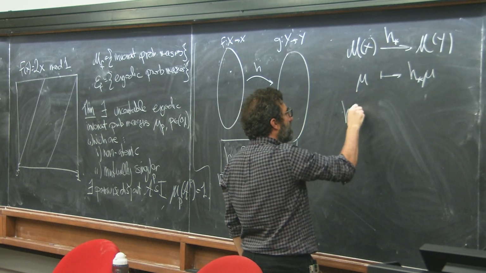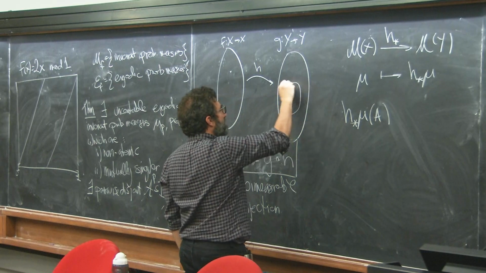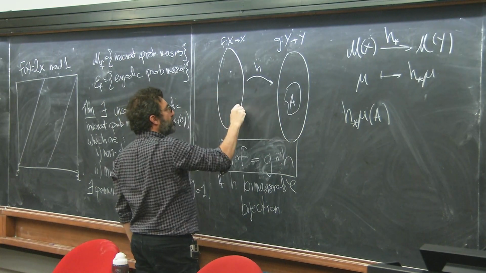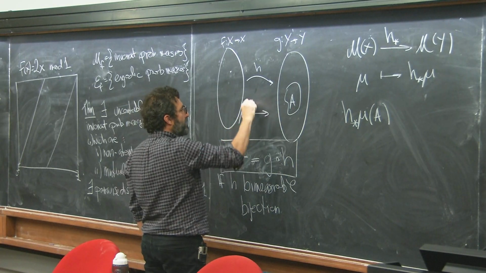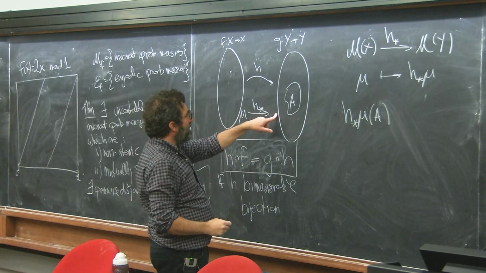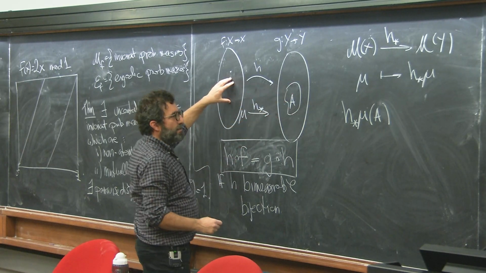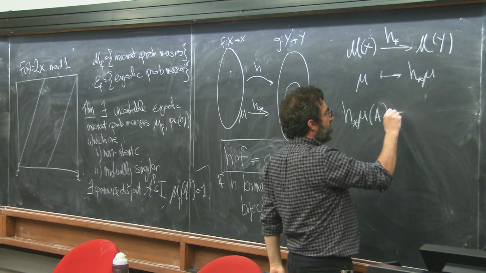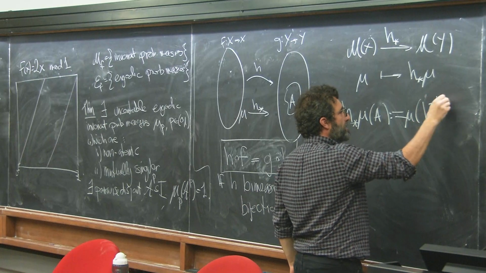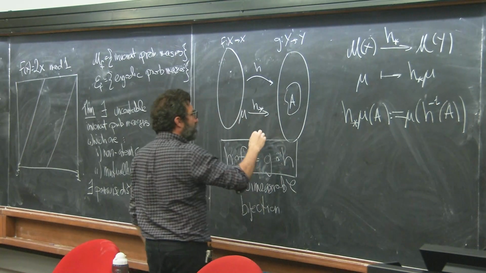So H star of mu of some set A, so we take some set A here. So we have a measure here, right? And we define this push-forward operator, and we define a measure here. And how do we define the measure here? We take a set A, we take its pre-image, and we define it as the image of H minus 1 of A. So we push forward the measure, just like we're doing before, right?